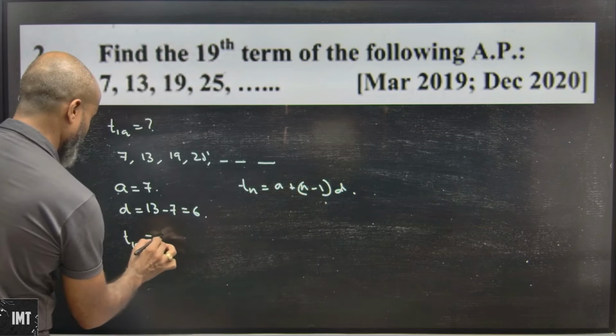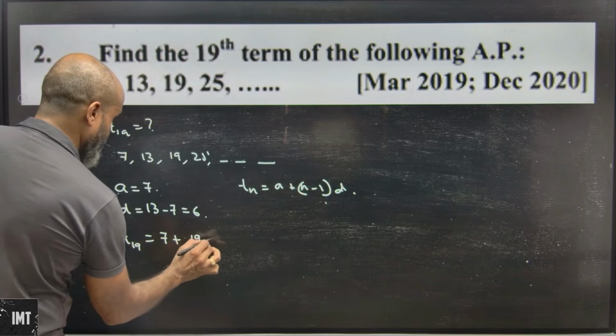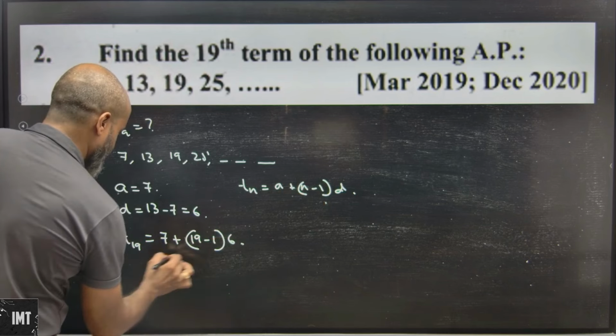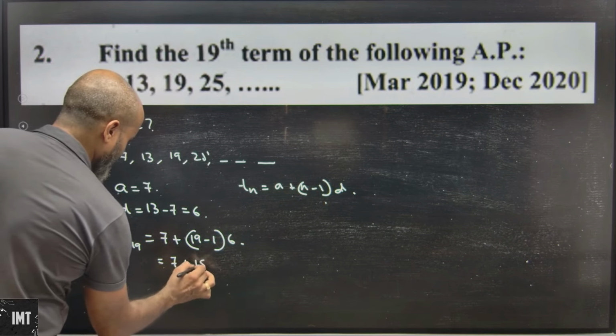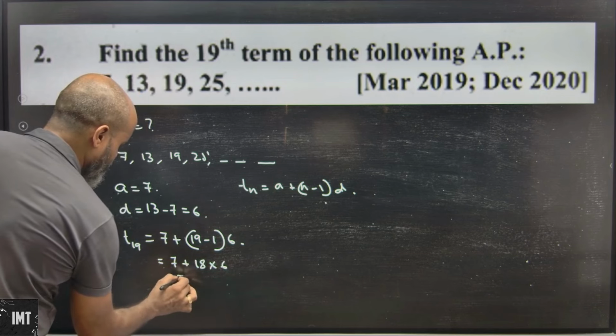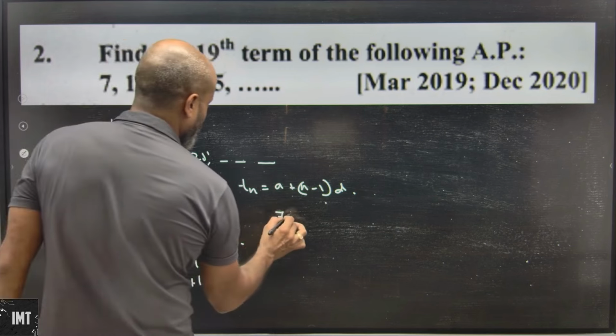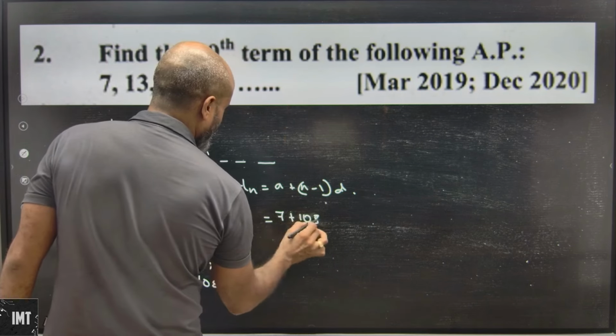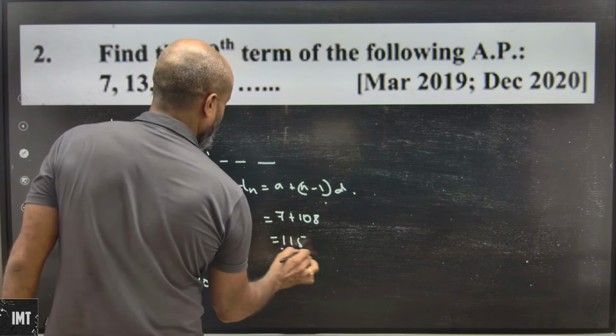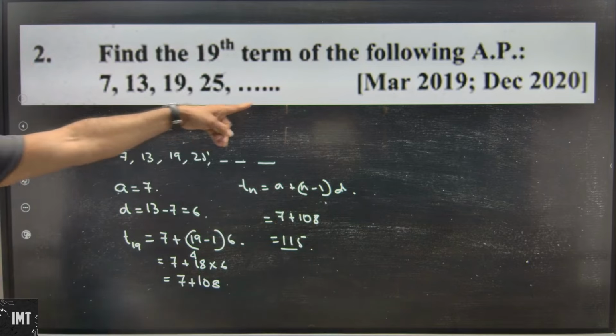So T19 will be equal to 7 plus 19 minus 1 into 6, 7 plus 18 into 6. That gives you how much? 8 6s are 48, 1 6 is 6, so 108. 7 plus 108 gives you 115.